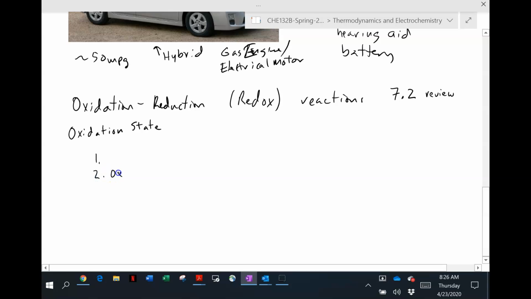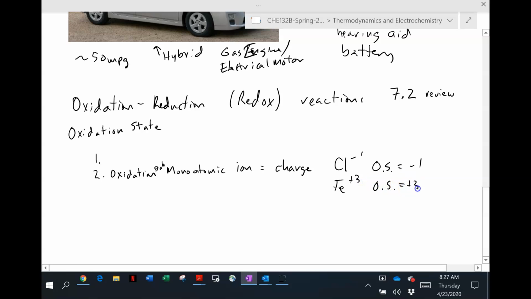Rule 2 is the oxidation state of a monoatomic ion is equal to the charge on that ion. So if I have Cl-, its oxidation state is -1. If I have Fe3+, its oxidation state is, you guessed it, +3.